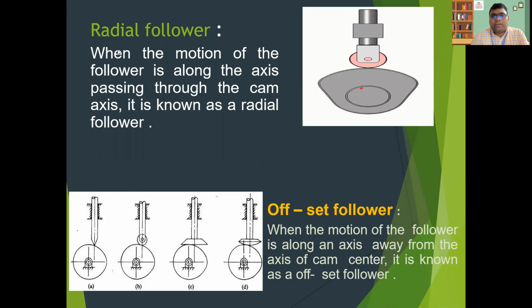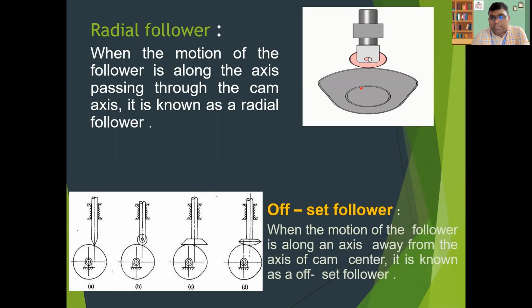In the last category, you can see the examples: the radial follower and the offset follower. As the name implies, in the radial follower, the motion of the follower is along an axis passing through the cam axis.